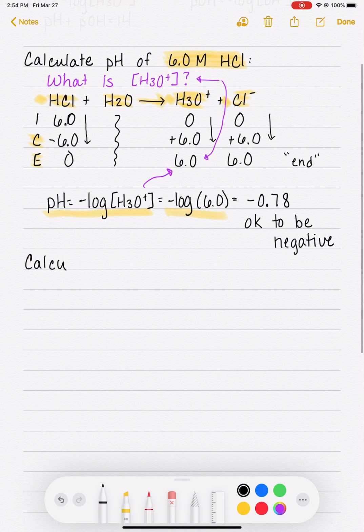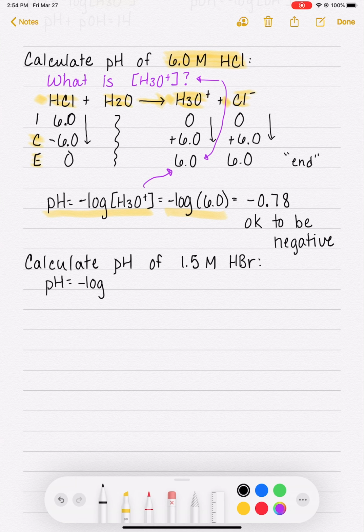Calculate the pH of, let's say, 1.5 molar HBr. If you want to skip the ICE table completely and just say, okay, the pH is going to be the negative log of the H3O plus concentration, and the H3O plus concentration is going to be equal to the concentration of the acid, that's totally fine.